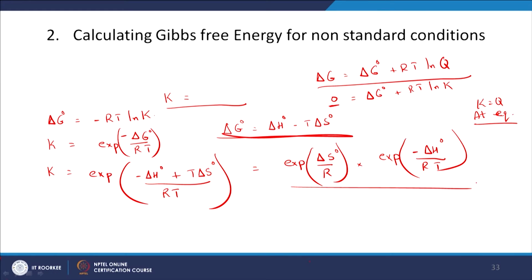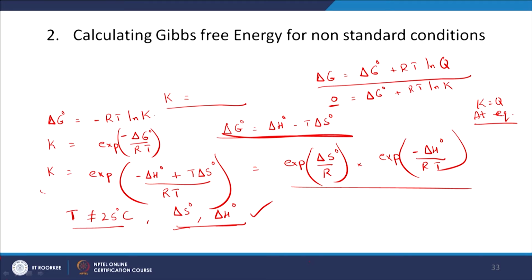Here we are going to proceed with one assumption: even if the temperature is not at the standard condition of 25 degrees centigrade, we assume that delta S naught and delta H naught are not going to change. In general, the error associated with such an assumption is relatively minimal, and we can go through with it.